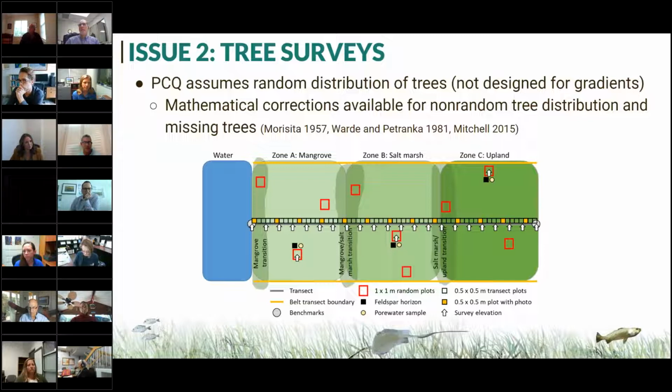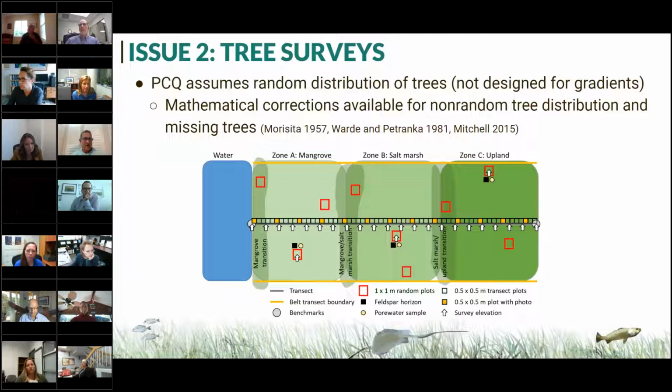It's designed for a forest that doesn't have a gradient. So when we're making these calculations for PCQ, we do the calculations based on the zone. But when you're only doing calculations in each zone, number one, it's still a gradient, even within the zones. So we have to make some mathematic corrections for non-random tree distribution.